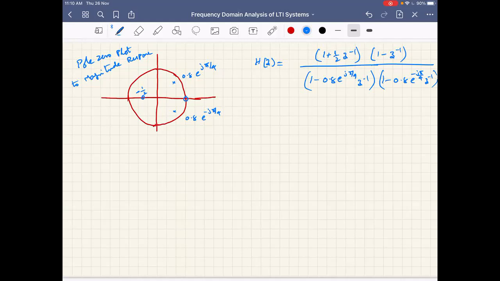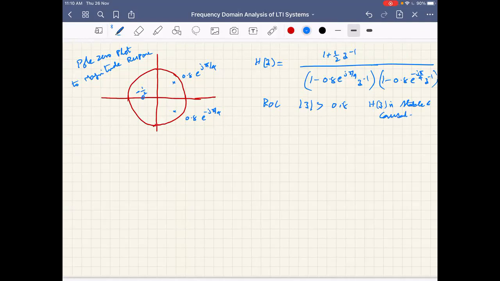So to make a causal and stable system, let us avoid the last pole. So this is the stable and causal system, if its ROC is mod z greater than 0.8. Then H of z is stable and causal.